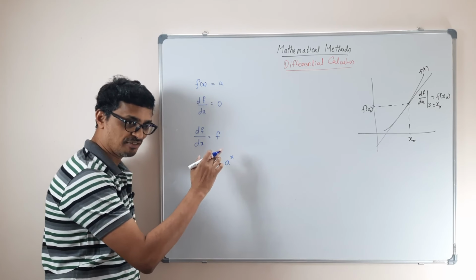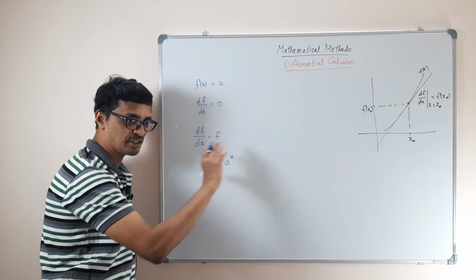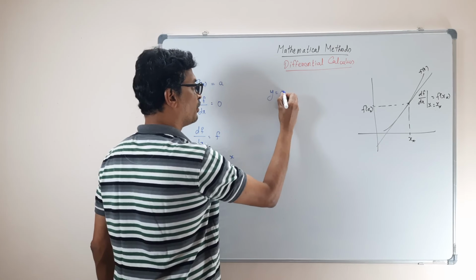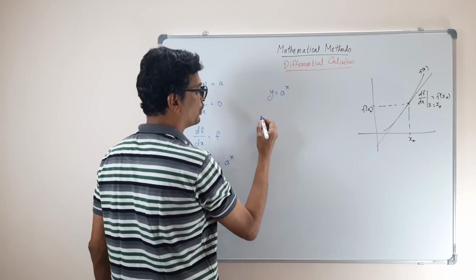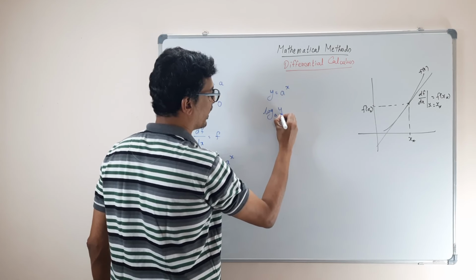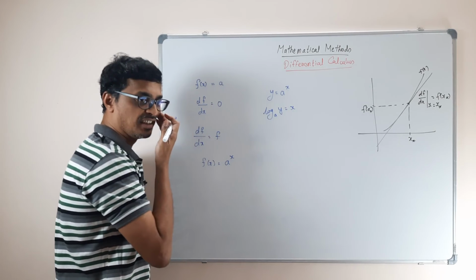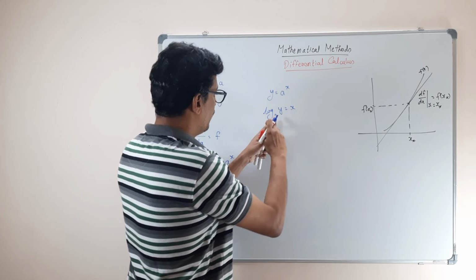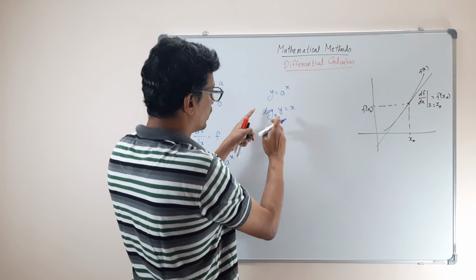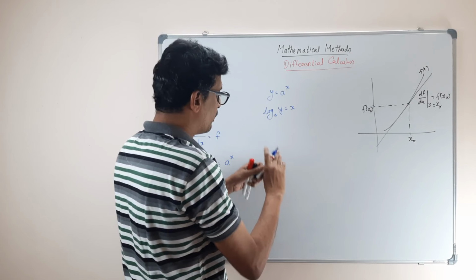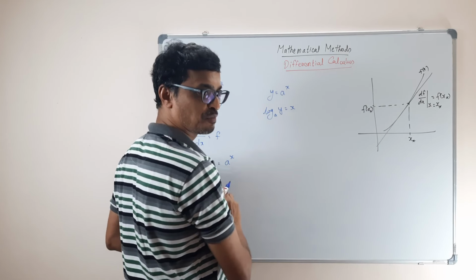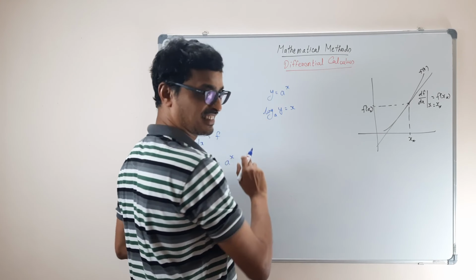Suppose you have y equal to a to the power of x, what do you do? Log base a of y gives you x. It means a to the power of x will give you y. The log is a question: what should be the power of a that should give you the answer y? Then you say that is x.